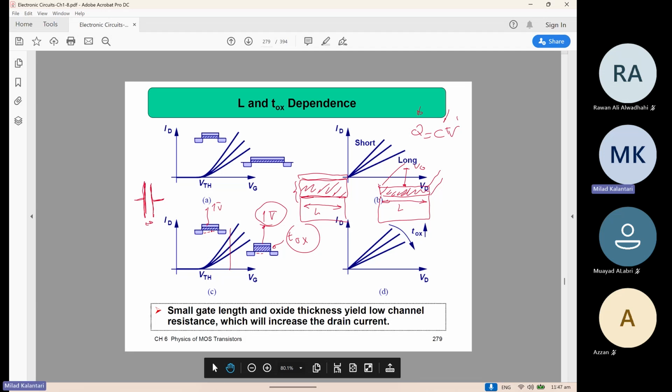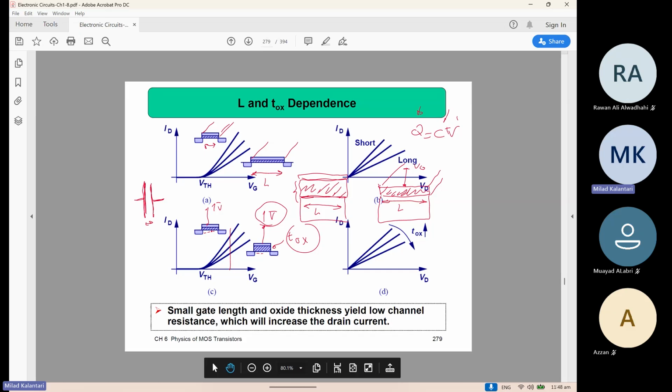The other case is changing the length of the device, basically, right? You can make the device, the channel, longer or shorter. The shorter channel has less resistance, right?